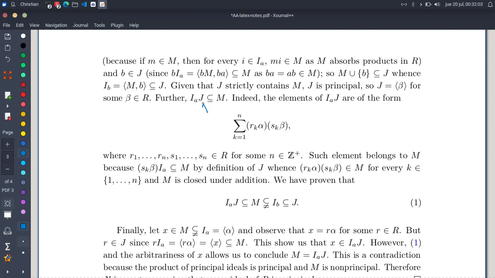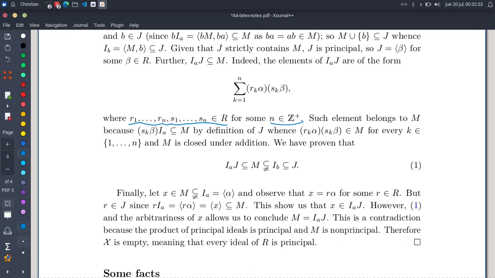And the elements of J are multiples of beta because J is generated by beta. So the elements of this ideal are of this form, where all these elements are elements in the ring and n is some positive integer.